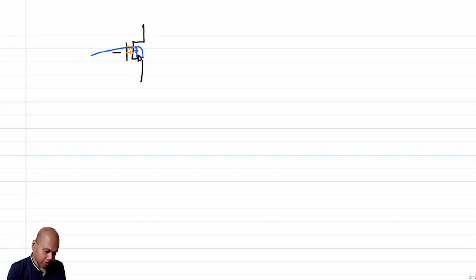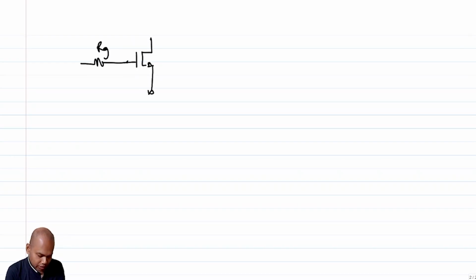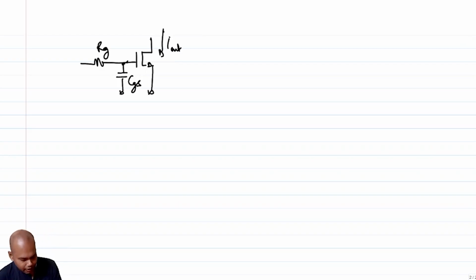So the effective model, a very simplistic but not so bad model, is to say that you have a resistance Rg, which includes the physical resistance of the gate poly routing and some part of the channel resistance, and you have a CGS capacitor. And obviously you have I out, which goes into the load and creates all the gain, right?